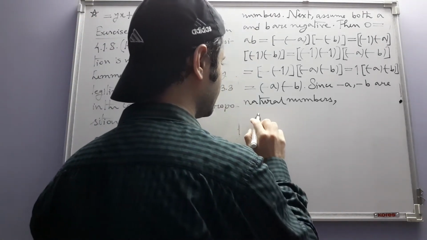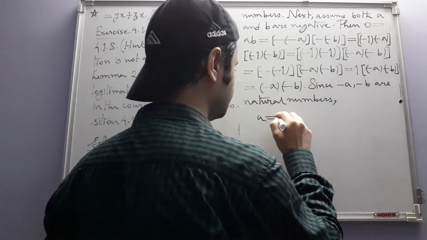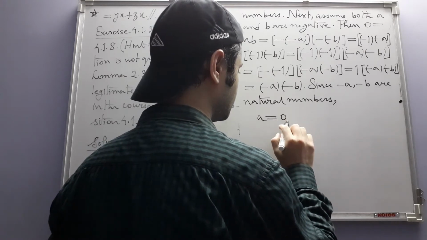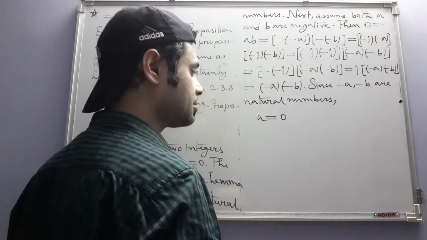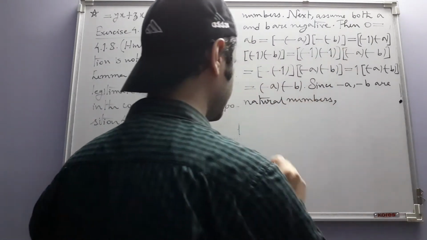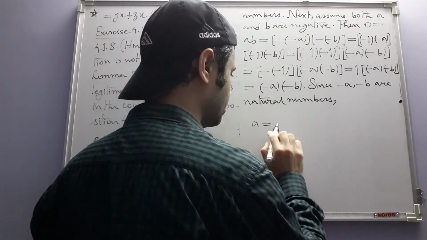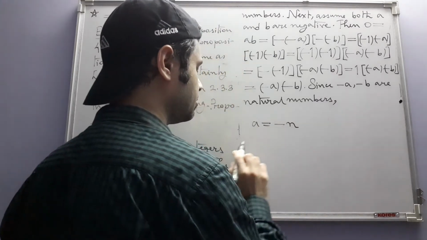When do we say a is negative? We say a is negative if a is, by definition, the negative of a natural number.